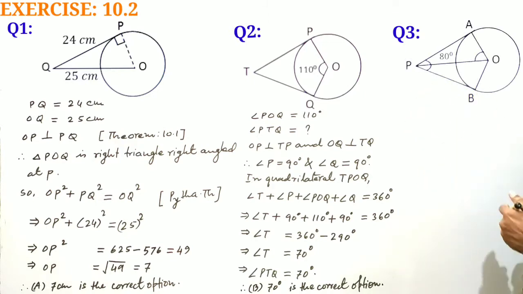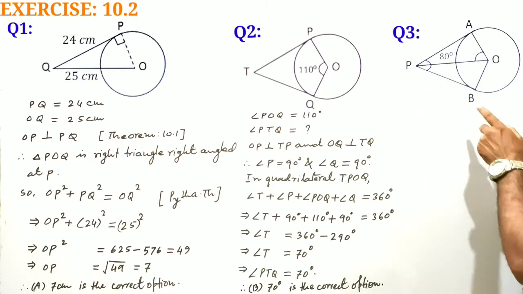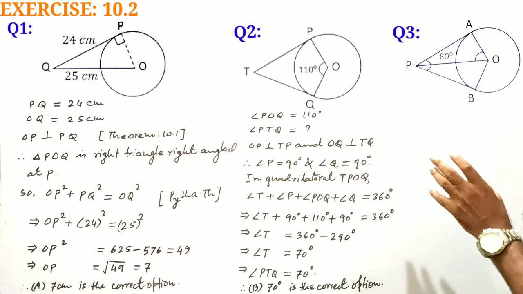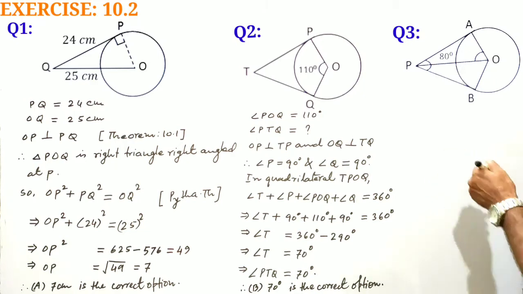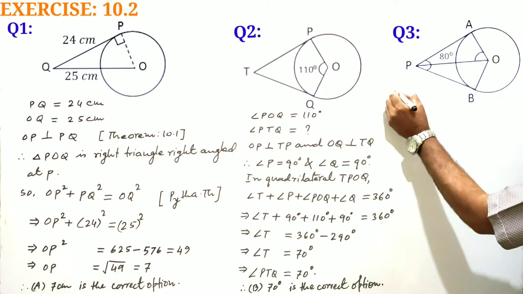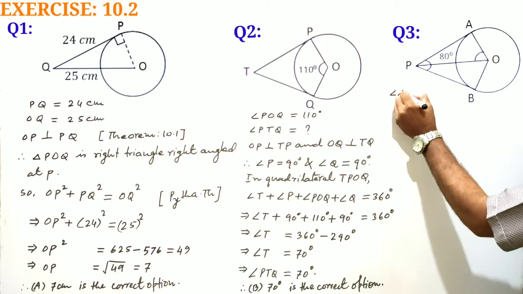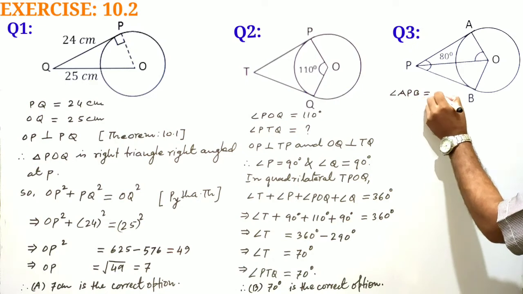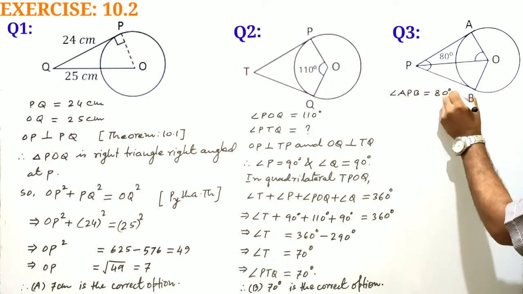In this figure, PA and PB are tangents drawn from point P to the circle with center O. Angle APB, angle between the two tangents drawn from external point P to the circle, is 80 degrees.